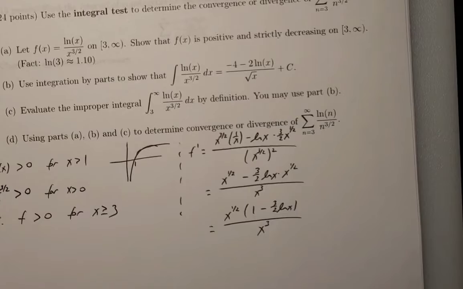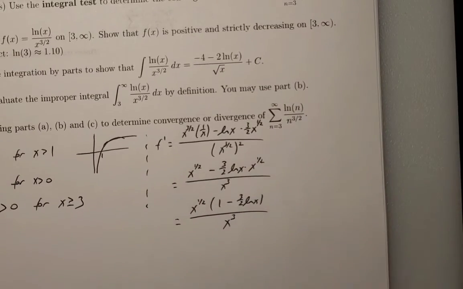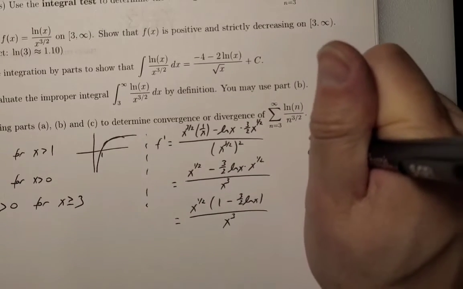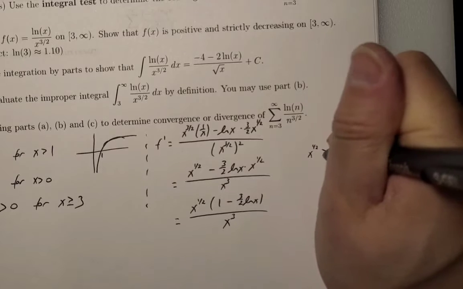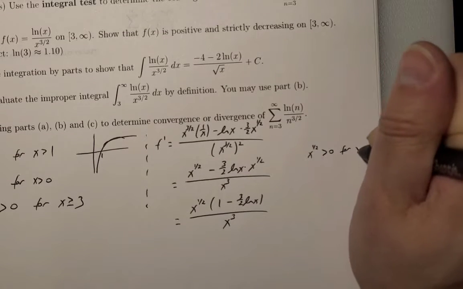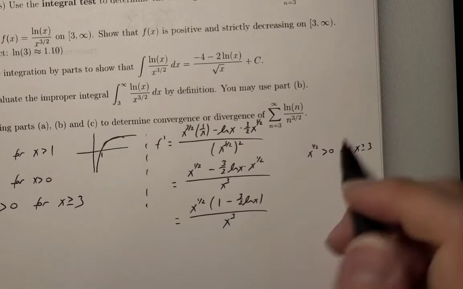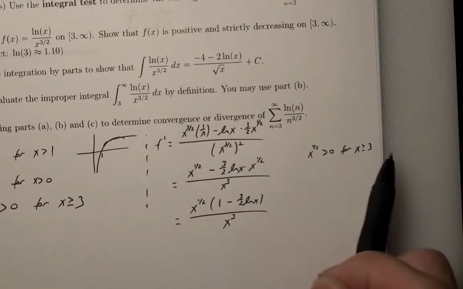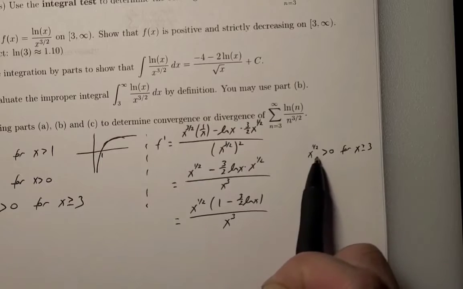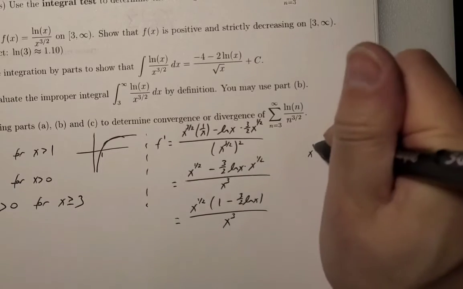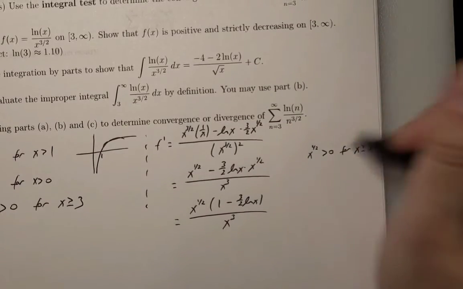Okay, so let's go step by step. We know that x to the half is greater than 0 for x, let's just use the 3 as the starting point. That should be clear because the square root of 3 is positive, okay? And then we know how square root x looks.